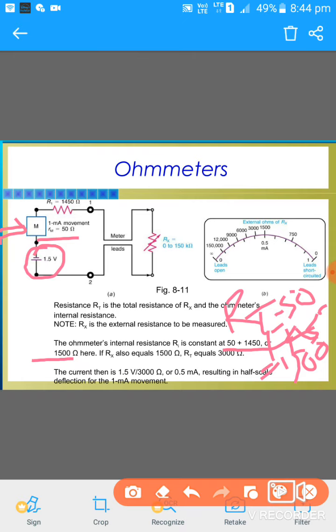The current then is 1.5 volt divided by 3000 ohm, which is equal to 0.5 milliampere.